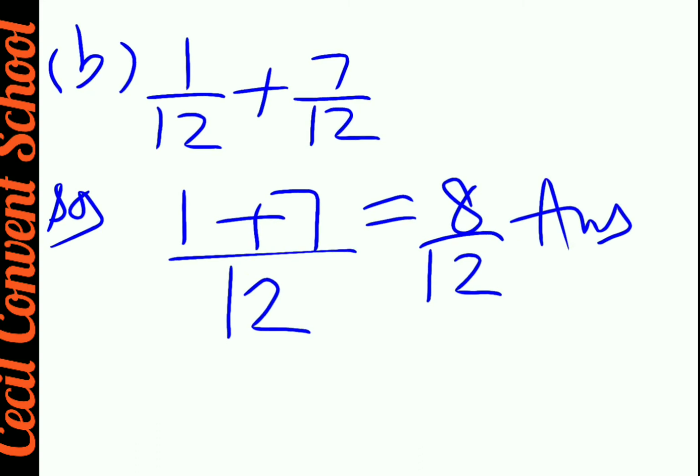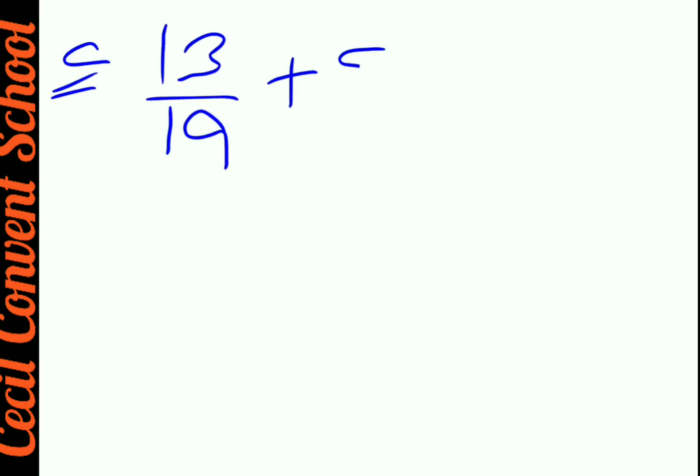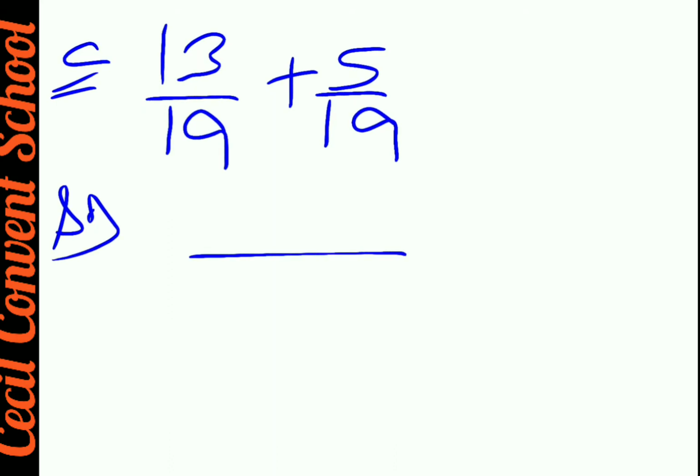Clear, students? Now students, we do C part. C part is 13 upon 19 plus 5 upon 19. Now see, both the numbers are like fractions, and you know that when like fractions are given, in that case we add the numerators and write the common denominator.